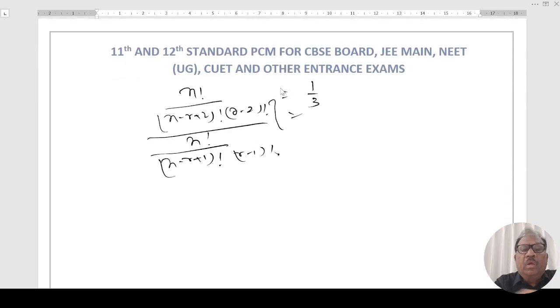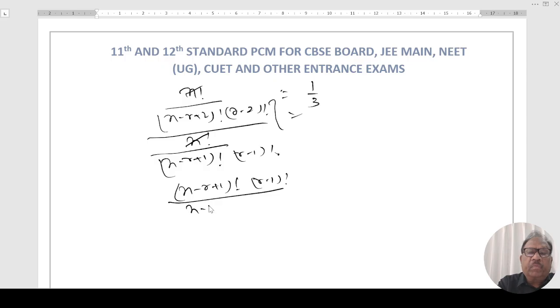Right? Now, higher factorial is to be reduced into the lower one. In this case, this is the higher one. So this can be written as n minus r plus 1 factorial upon r minus 1 factorial upon n minus r plus 1 factorial into n minus r plus 2 factorial on r minus 2 factorial.